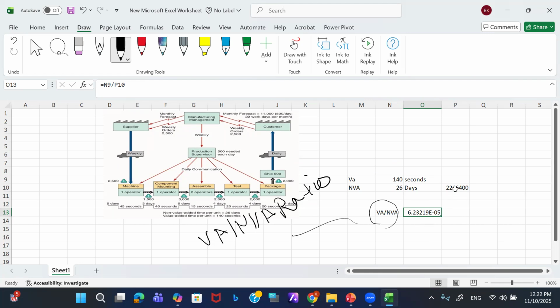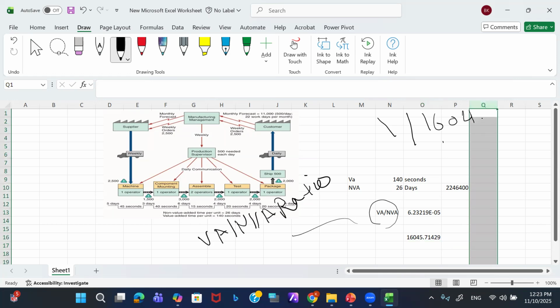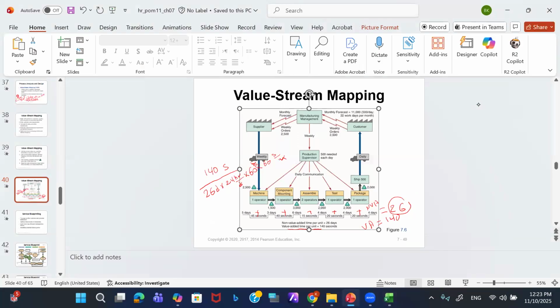So I divide this by 140. So my answer would be 1 over 16,000. Let's round, 1 over 16,046.